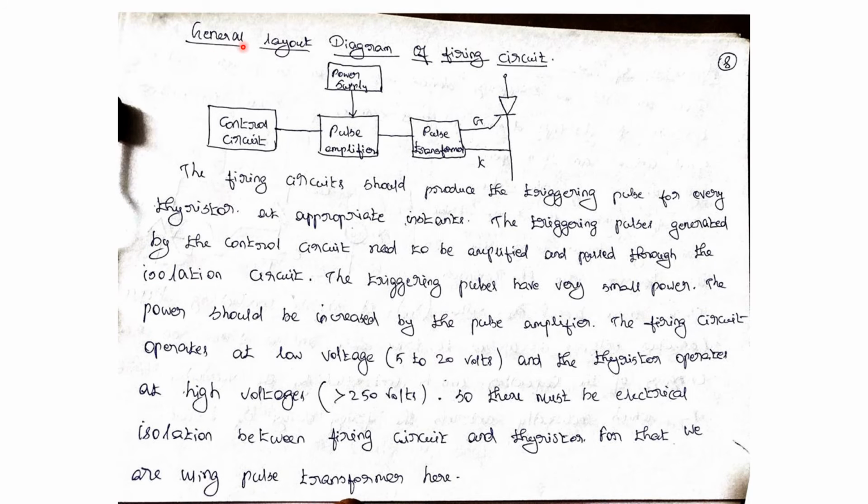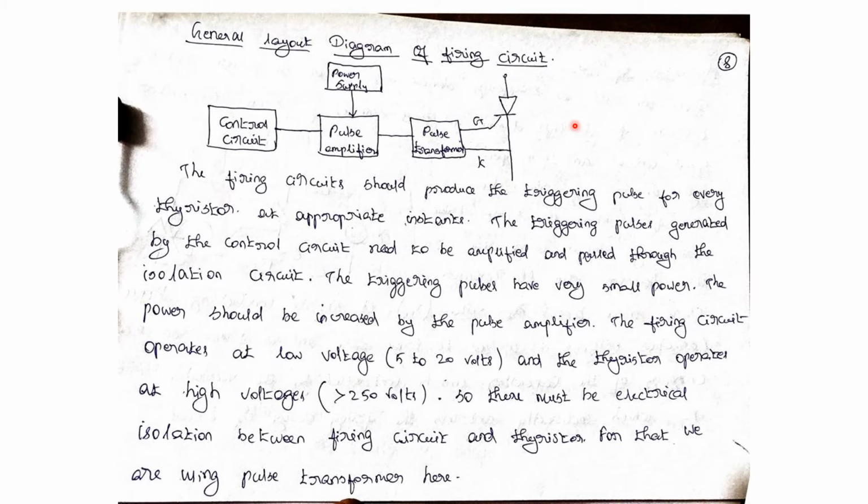We'll see the general layout diagram of the firing circuit. This is the control circuit, power supply, pulse amplifier, pulse transformer. This is the thyristor. Here the pulse transformer serves as the isolation circuit. The signal we get from the control circuit is very small, so it needs to be amplified, and for that we use the pulse amplifier.